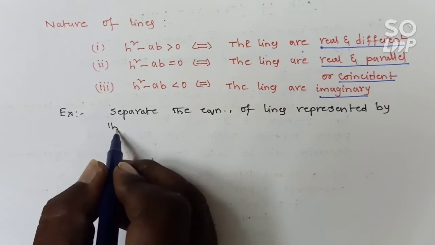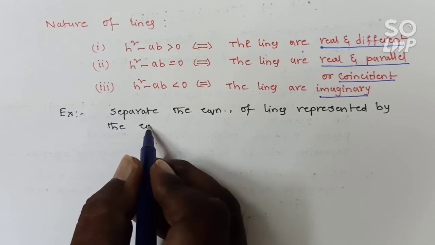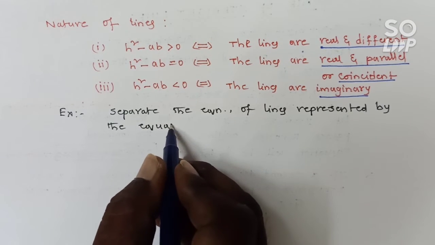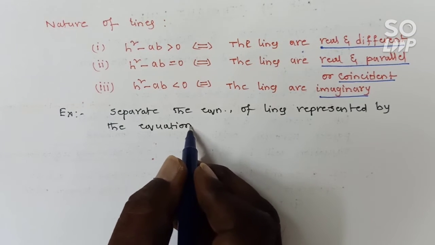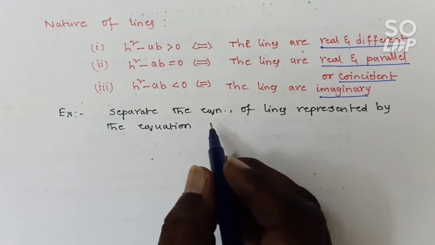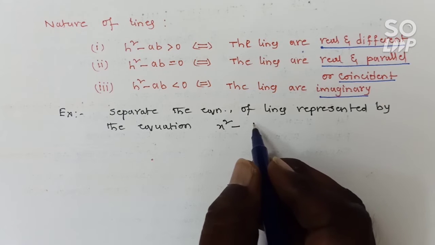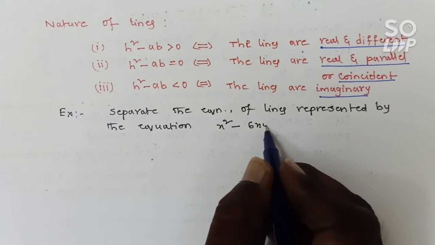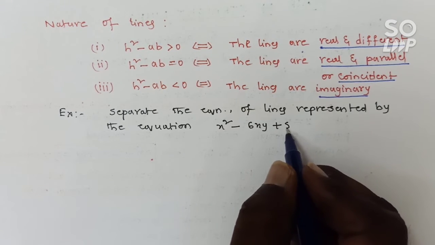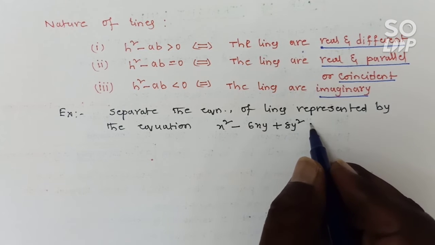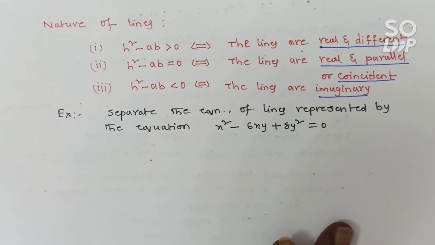What is that equation? X square minus 6 into xy plus 8 into y square is equals to 0.